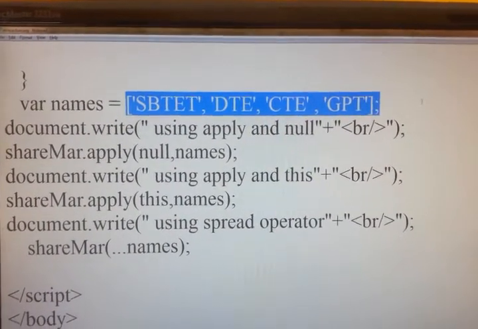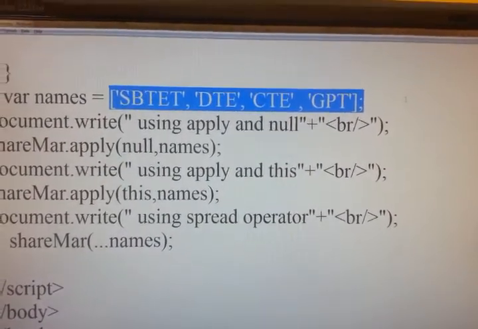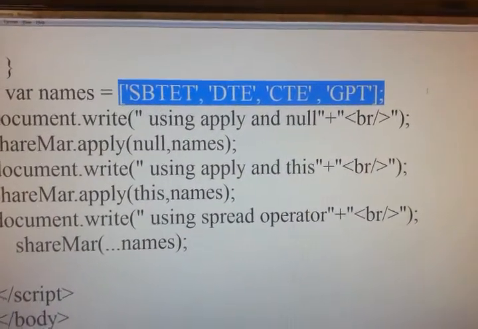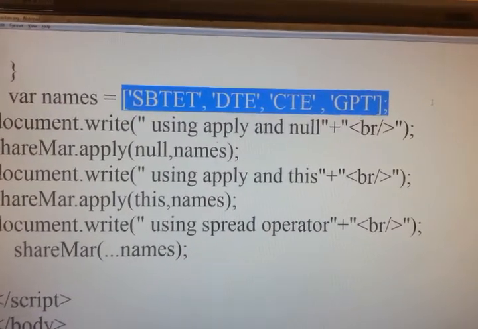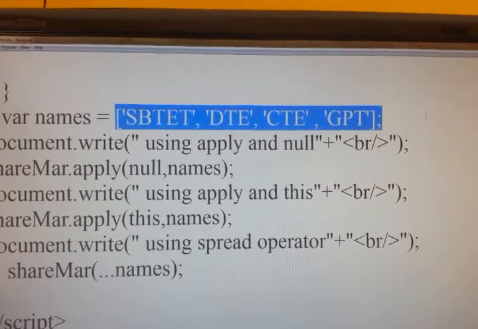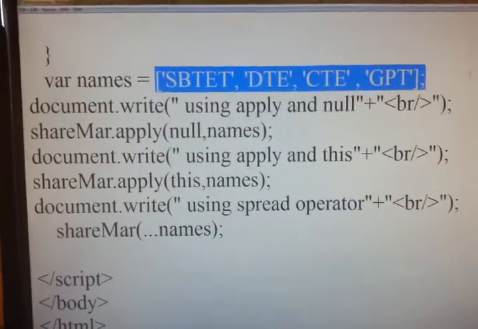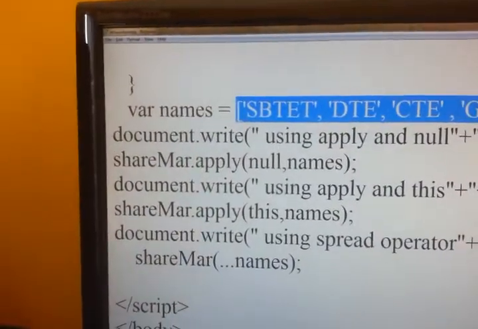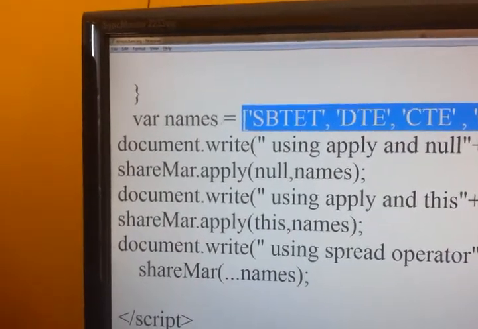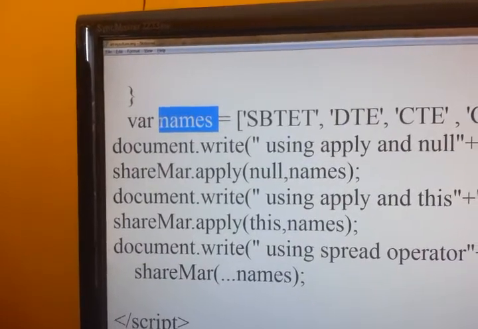These are the 4 items or elements of the array. Then I have to call my function and I have to pass my array.